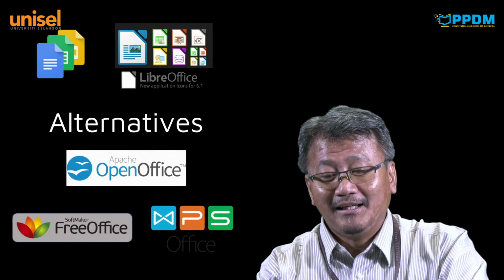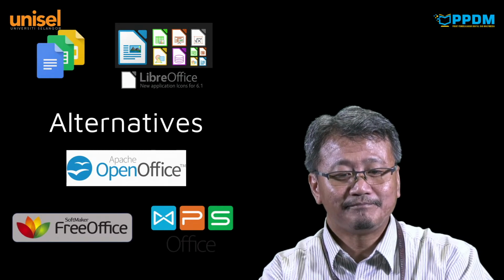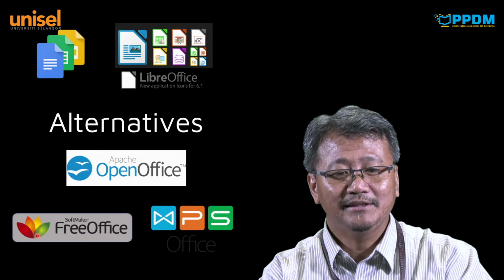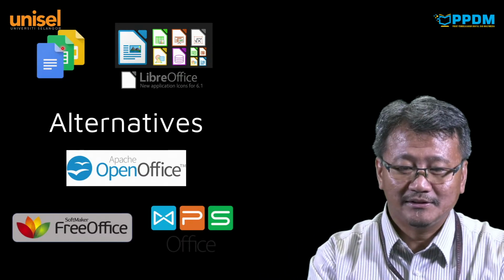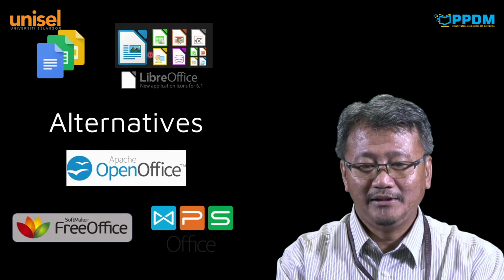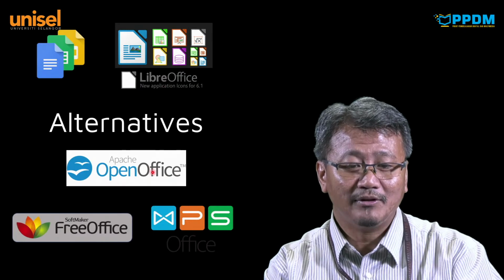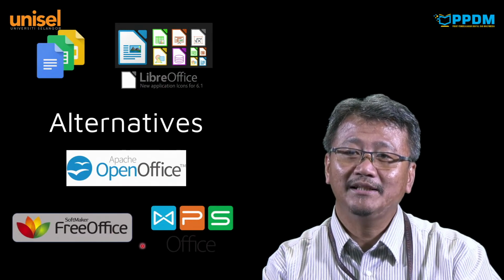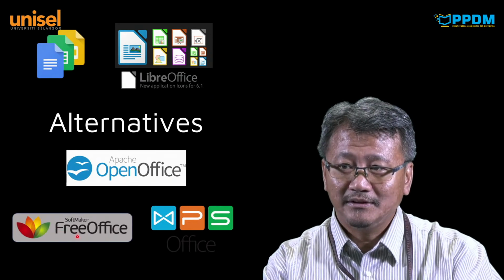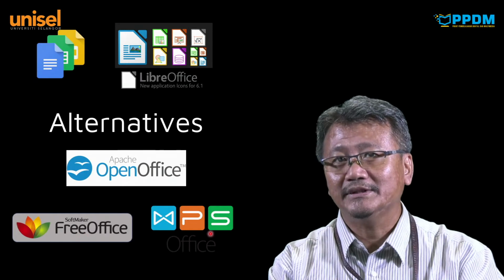To name some of them, as you can see, let me share this over here. This is the logo for Google Docs, and then this one is LibreOffice. Other than that, we have OpenOffice, we have SoftMaker FreeOffice, and also we have WPS Office.